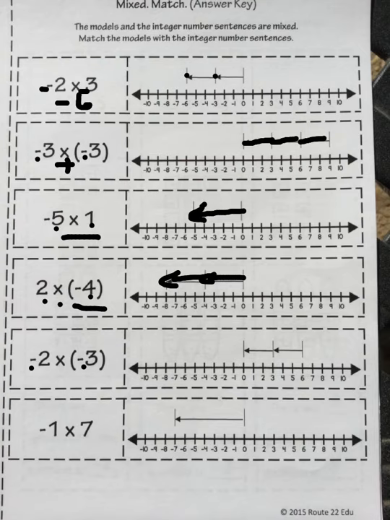So I'm multiplying a negative times a negative. I definitely get a positive with that. Positive 6. 2 times 3 is 6. You can see where we're going backwards like this, but they're chunks of 3 on the number line. Negative 1 times 7. A negative times a positive is a negative. So I'm going to start at the 0 and go all the way to that negative 7.